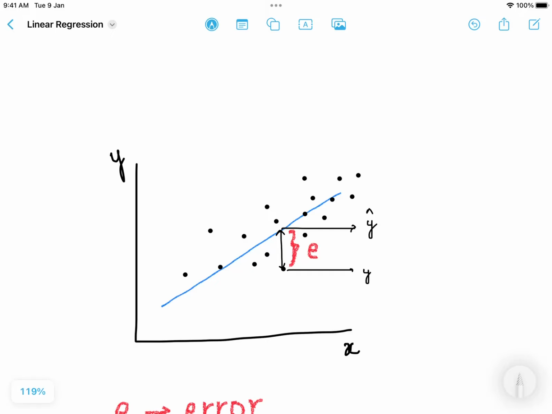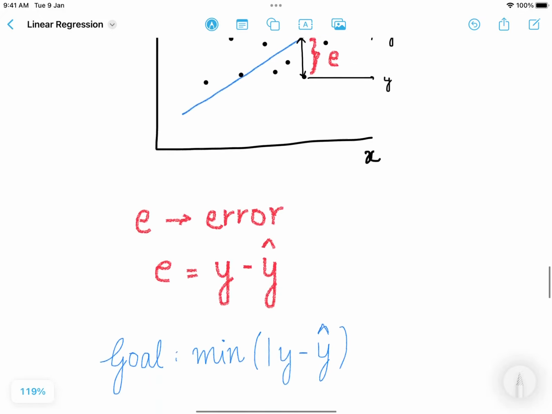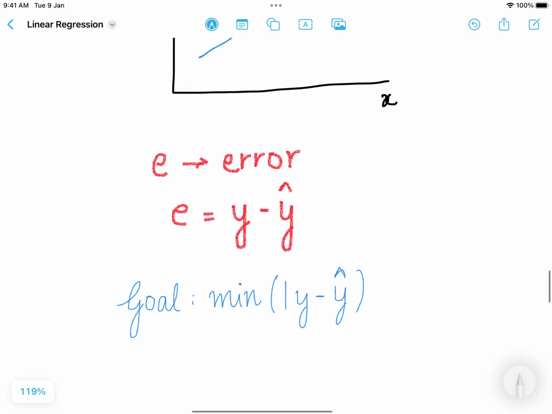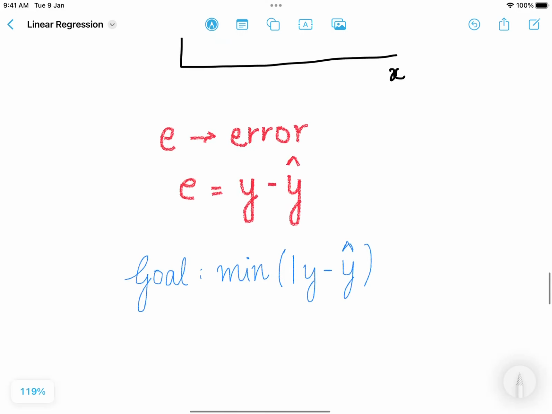That's why we find the best fit line, so that we can minimize these errors. The difference between these two values, the actual value and the predicted value, is the error term, or we can say it is the residual term. Our goal, while training the model, is to minimize this error.